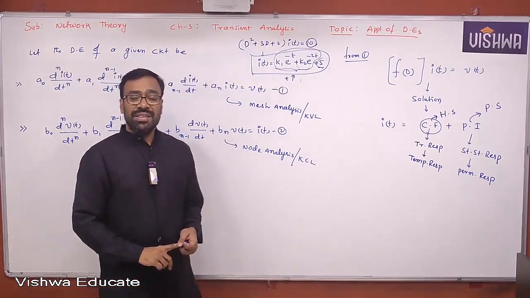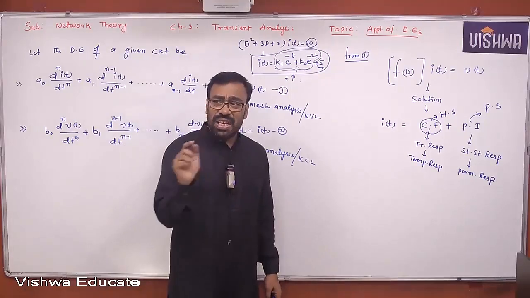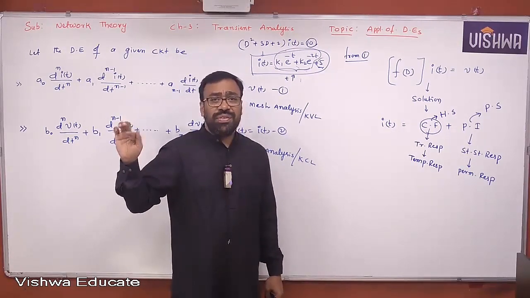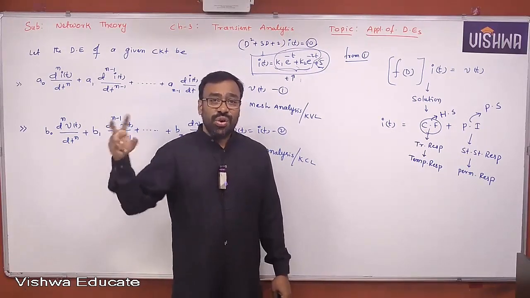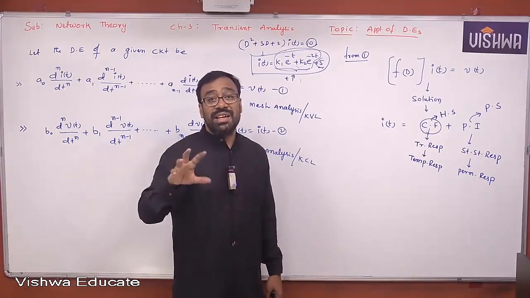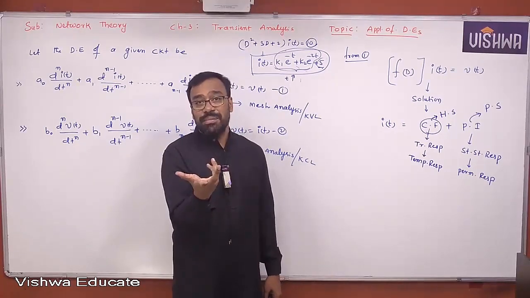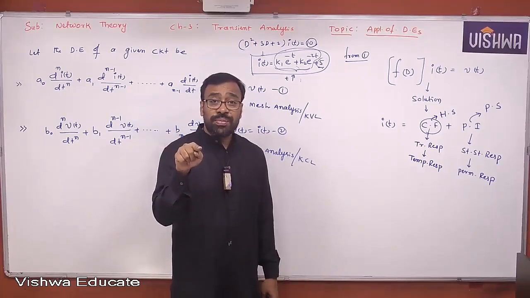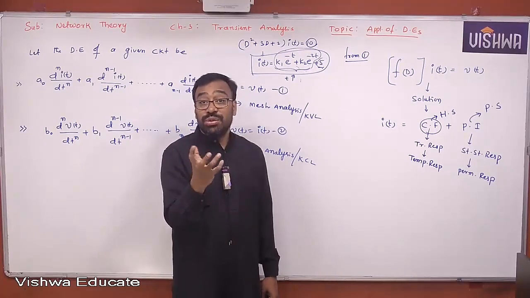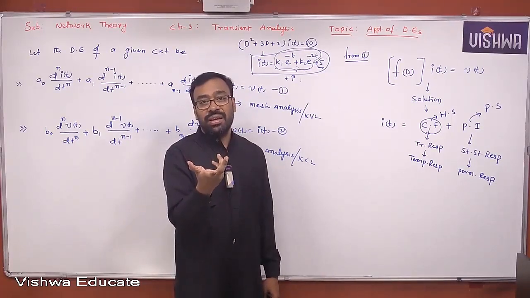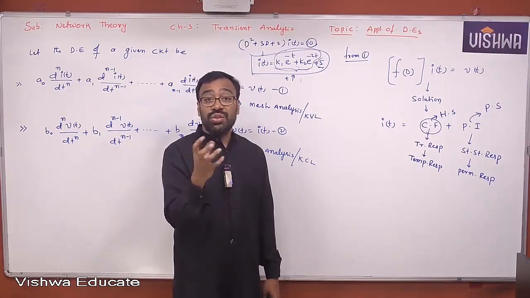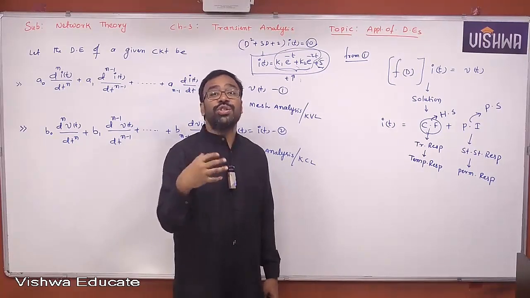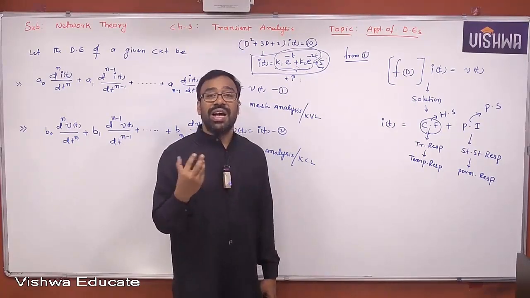Okay. But you're also getting the response even after you turned off the fan. Though there is no input to the system, still that response is existing for some time. Yes or no, all of you? But how is that response coming, even without input? It is coming naturally. Yes or no, all of you? Okay? Naturally, without any source, source free. You call it source free response or you call it natural response.